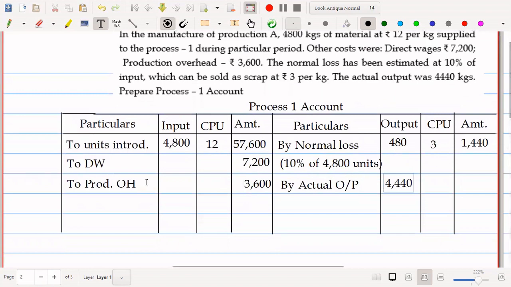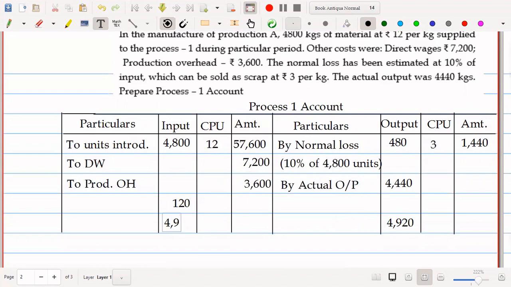So this is 4,800 and this comes to 4,920. So this is more here. Let's take the total 4,920 units. Now this side it's showing less. So the balancing figure, that is 120 units. If we take 120 units, this will tally here.